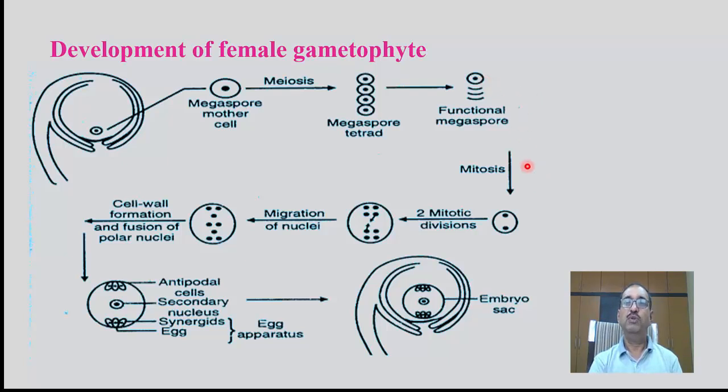This functional megaspore undergoes first mitotic free nuclear division to form 2 nuclei, which migrate toward opposite poles, the micropylar end and the chalazal end.